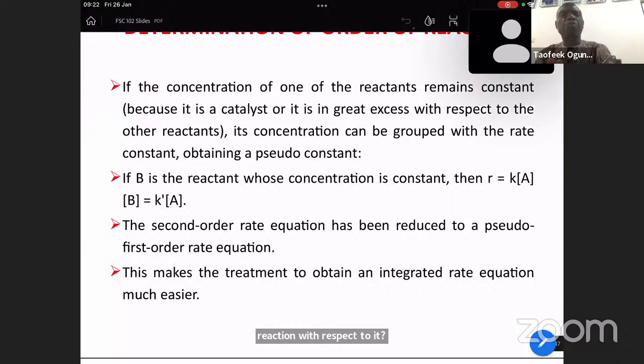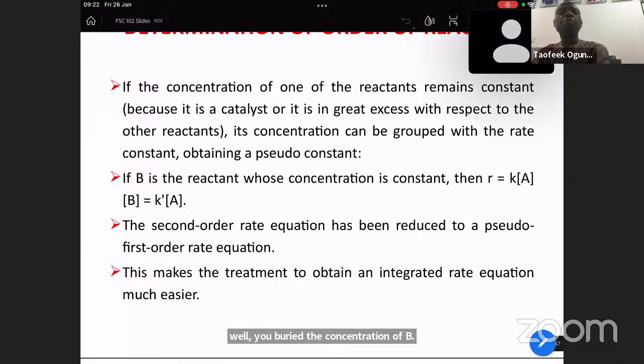Then that means if you want to find out the order of reaction with respect to A, you fix the concentration of B while you vary the concentration of A and see what happens to rate. Then you now want to find out what happens to B. Then that means you fix the concentration of A and vary the concentration of B. Then that will tell you, when you vary the concentration of B, what happens to the rate of reaction.